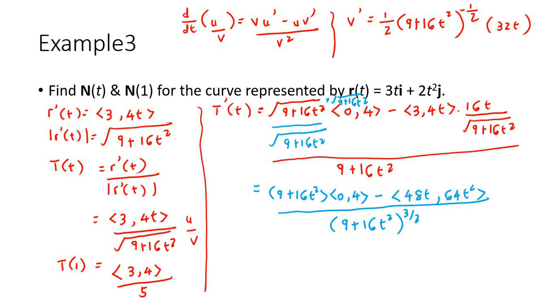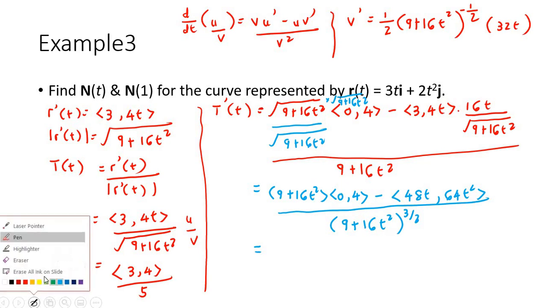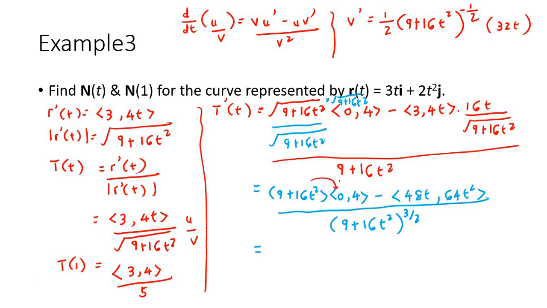The first term, component i is 0, only component j. So the second term we have component i, which is negative 48t. For the first term you have component j, which is 9 times 4, which is 36, and this one is 4 times 16t squared, you have 64t squared.